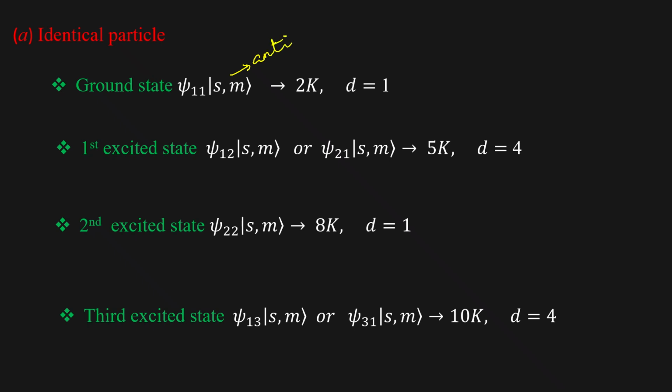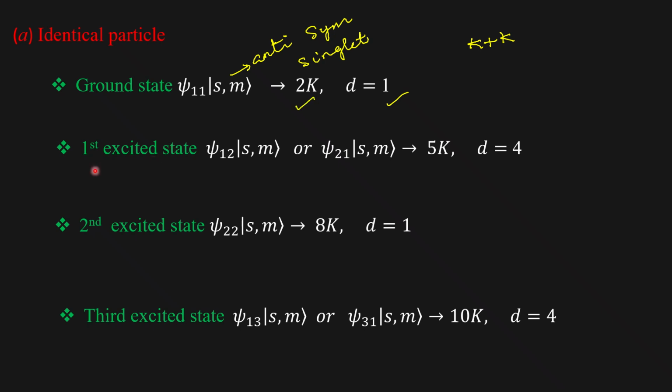We have seen that if it is anti-symmetric, it is a singlet state. So naturally, the degeneracy is 1. What about the energy? The energy is 1k plus 1k. Since the wave function is a product, k plus k, you will get 2k.